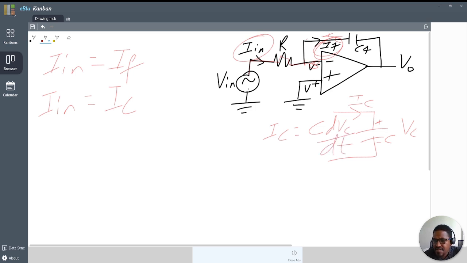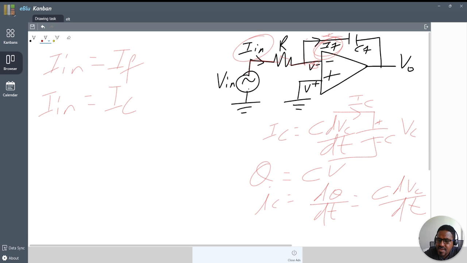That dVc over dt means charging, meaning C times V. So I C becomes d of charge over d of t, that is, I C becomes dq over dt, which means C dVc over dt. This is the current of a capacitor, the change of voltage over the change of time. So this value is I C.